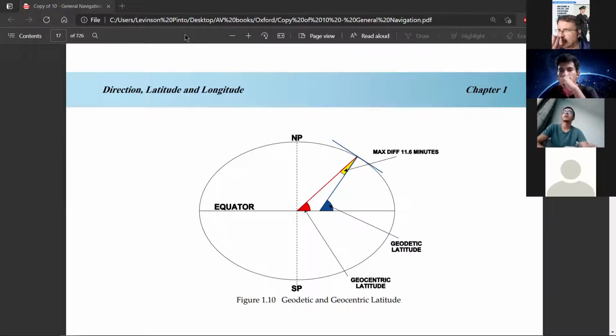Sir, I'm flying over parallels. Or you are flying parallel? Correct, over the parallels. That means you are flying parallel to the equator, right? So when you are flying parallel to the equator, what are you crossing?